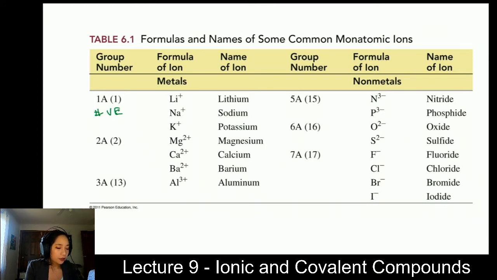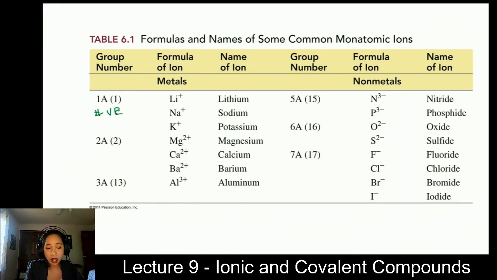So, for example, group 1A, all these elements, lithium, sodium, and potassium, in their neutral state only have one valence electron. So it's quite easy for each of those atoms to lose one electron to have an overall +1 charge. And same thing for group 2A and 3A. Those extra valence electrons will just be lost, and then you will have an overall either 2+ or 3+ cation.